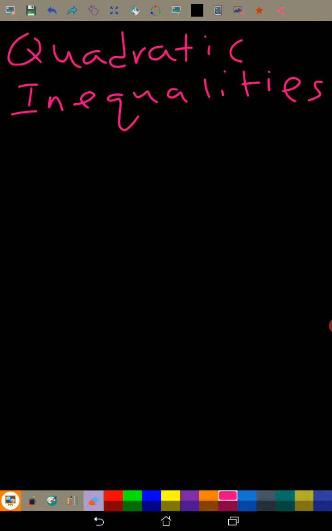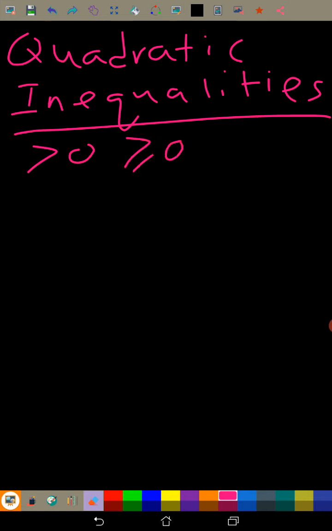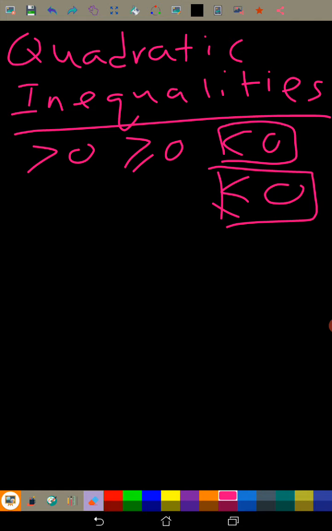Quadratic inequalities means that it's not equal to zero exactly, so it can be greater or equal, or less or equal, or less than 0, or greater than 0. These are the signs that you will find in quadratic inequalities. And let's start with the first example.